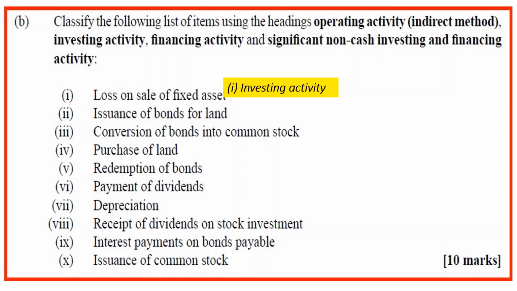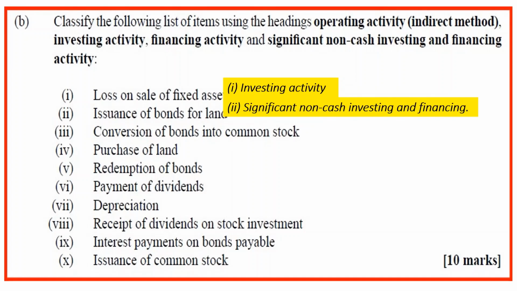Issuance of bonds for land as a significant non-cash investing and financing activity. We will notice that the nature of the transaction here, issuance of bonds for land, that no cash passes there, exchanging bonds for land.